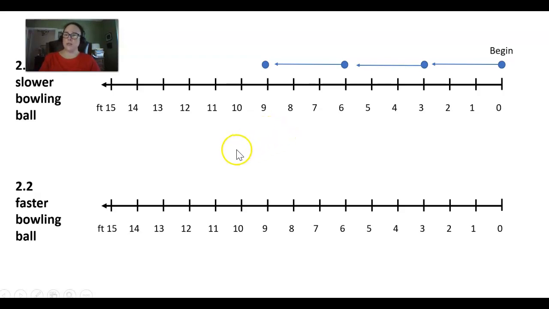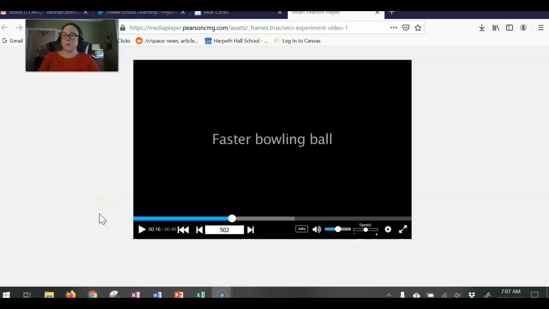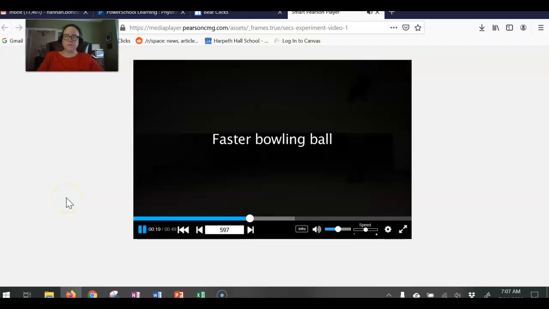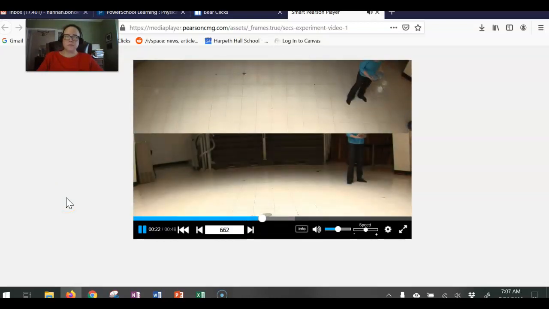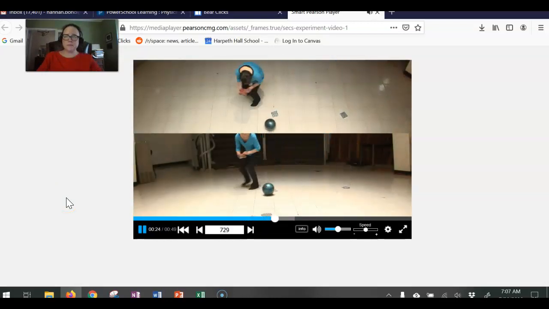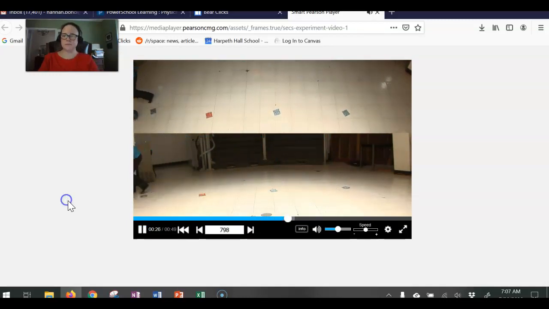Let's go look at another example of the bowling ball moving. Now we'll watch the bowling ball moving at a faster speed. Okay, so the lady in the blue shirt had to scramble a little bit because the ball is moving much faster across the gym floor.